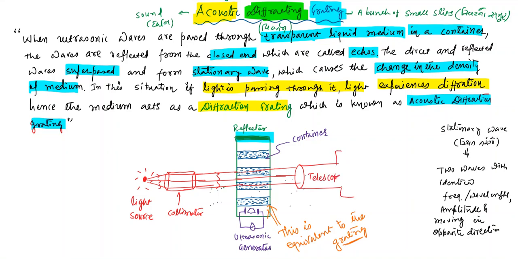Telescope is used to see the diffraction. Here if we put a screen, then on the screen we get this type of diffraction pattern.